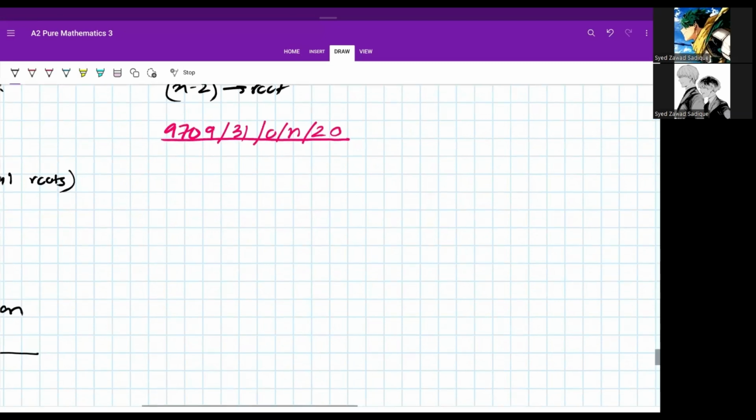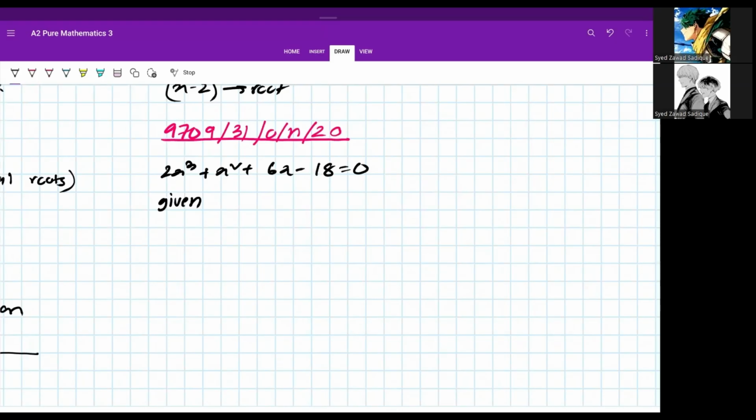It says 2x cubed plus x squared plus 6x minus 18 equals 0.